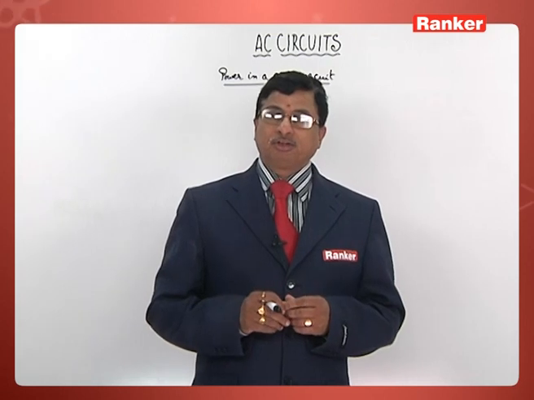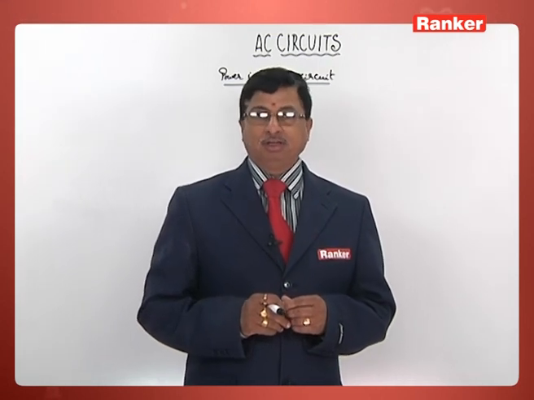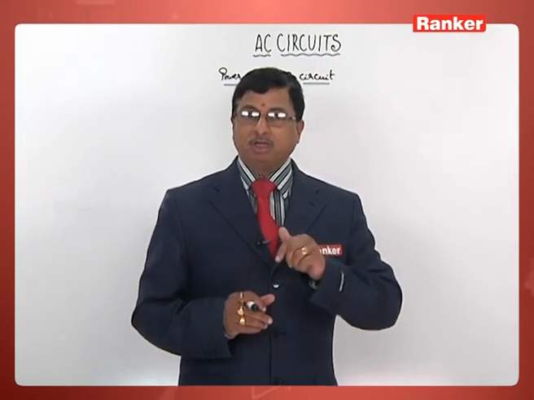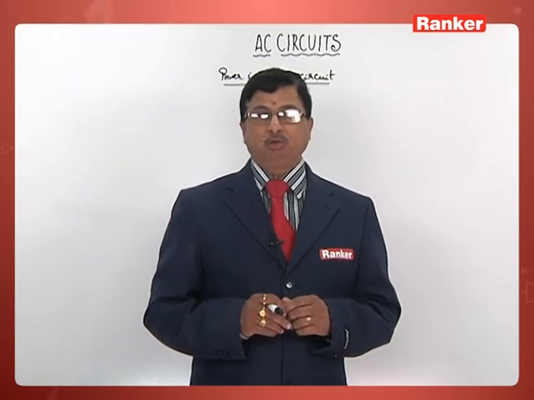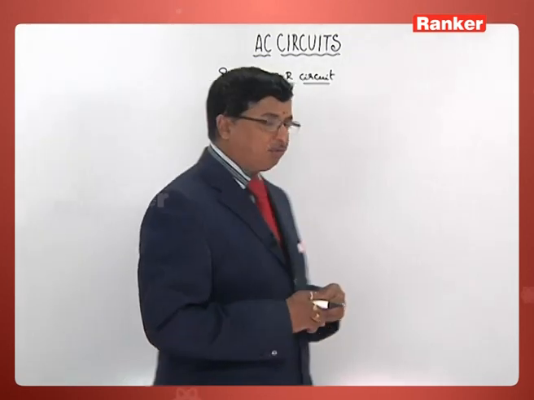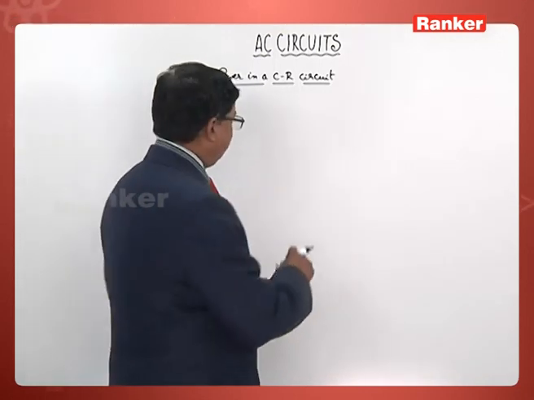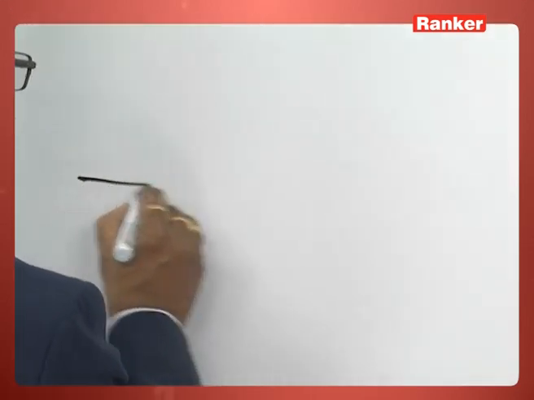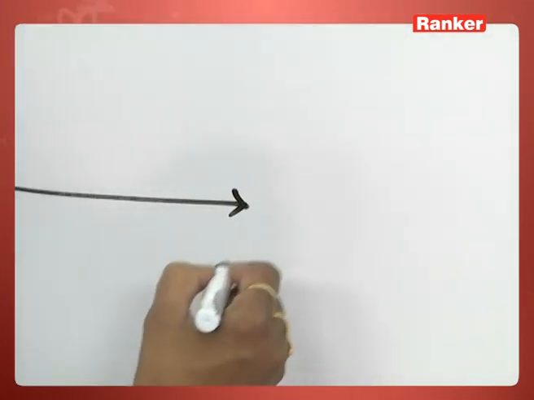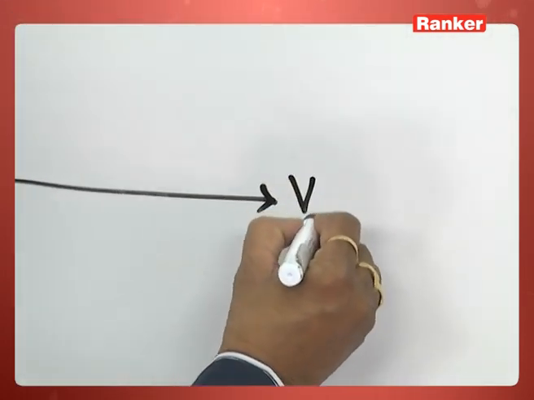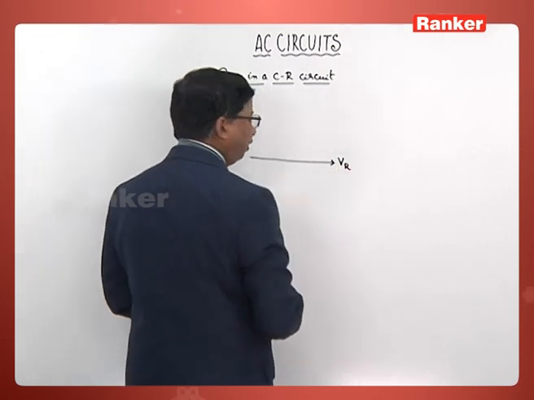In other words, we can say the same thing: that EMF lags behind current by pi by 2 radian. When we plot the corresponding phasor diagram, I can show you. This is the direction of potential difference across the resistance.